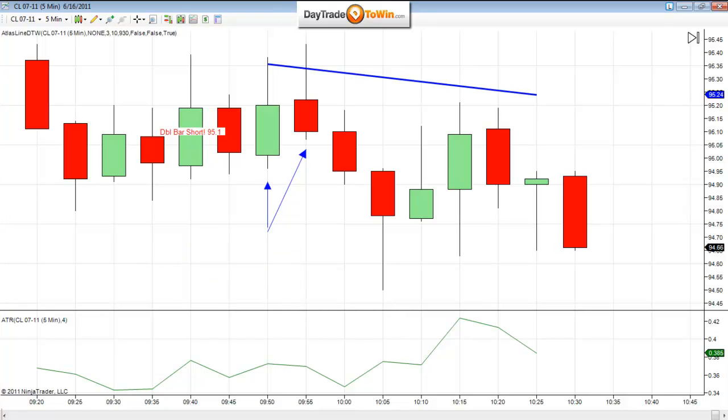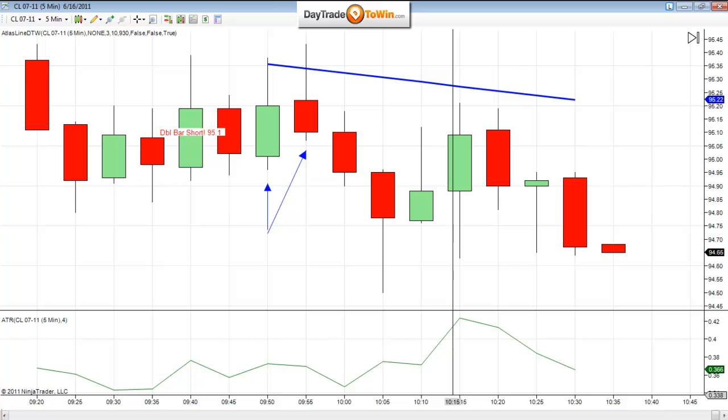I think the question now is, who asked this question about the profit target? Let me see. It was Will Tan. Can you please explain how you know how many ticks your target should be? Will, take a look at the chart. You see the ATR down here?